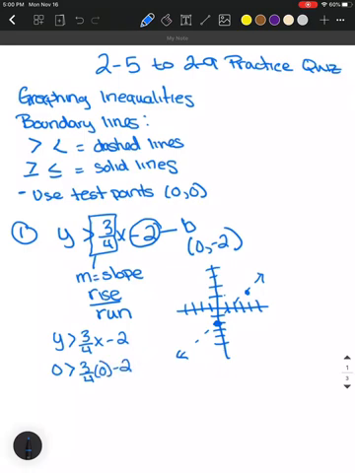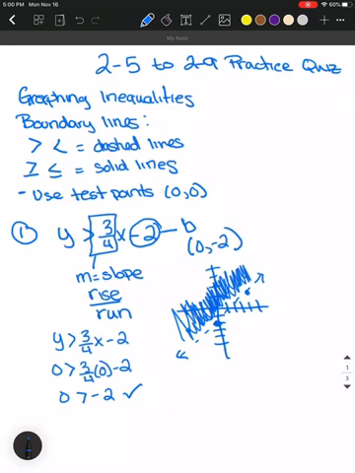I have 0 is greater than -2, which is a true statement. Therefore, I'm going to shade on the side that has 0, 0, so I'm going to shade above the line. Okay, so that's number one.